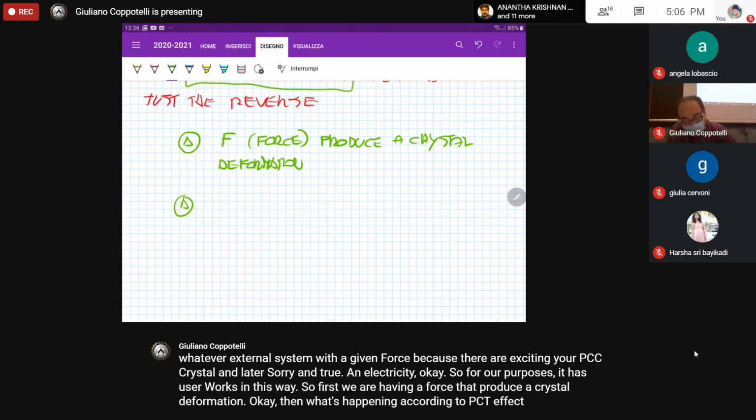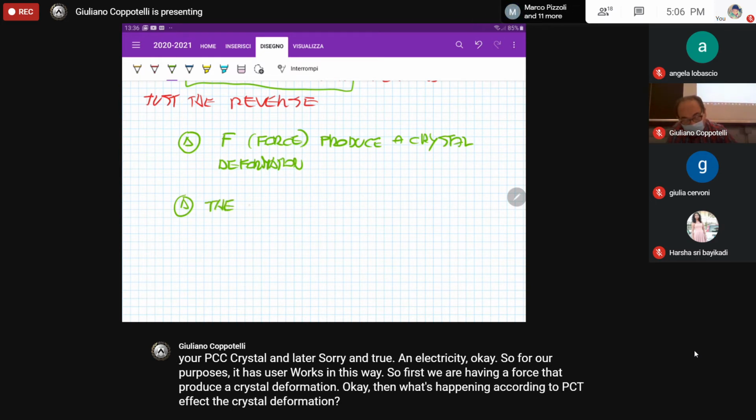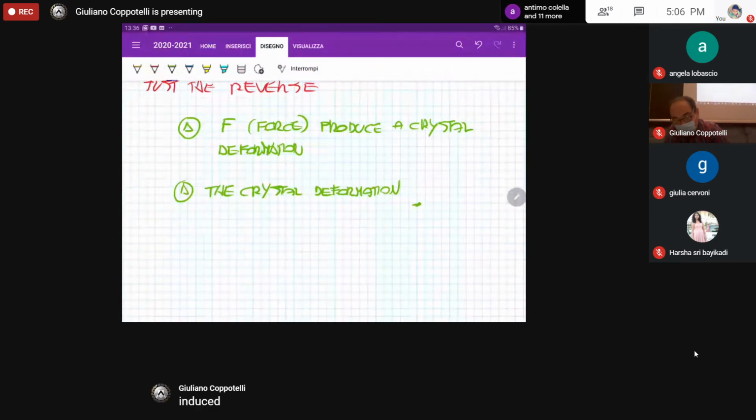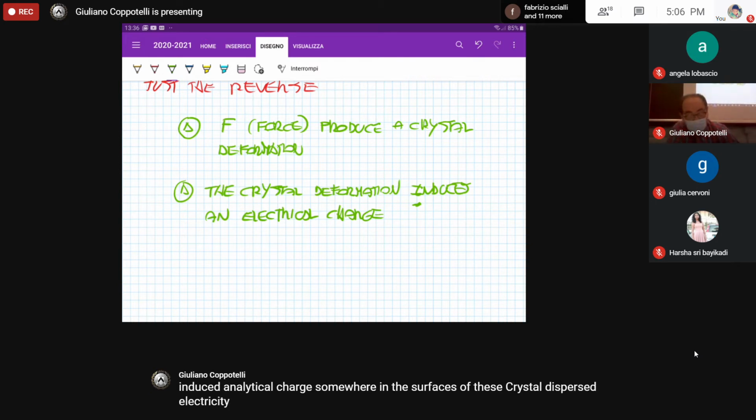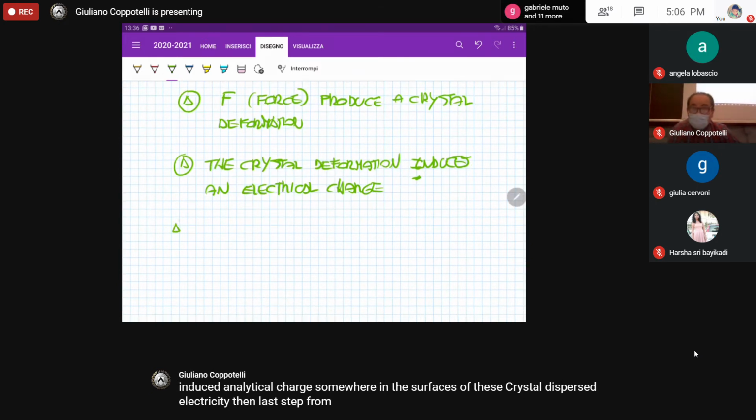The crystal deformation induces an electrical charge somewhere in the surfaces of these crystals, these piezoelectric pieces. Then, last step from the working principle point of view, such a charge is harvested.